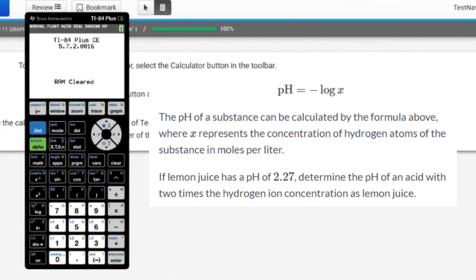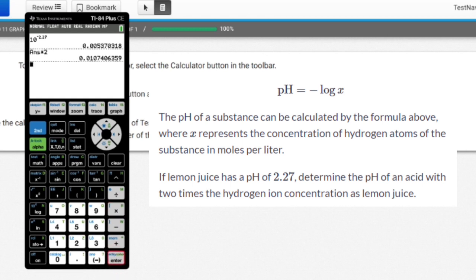All right, this is going to be a gross one. First thing we need to do is 10 to the, which is that guy right there, negative 2.27. We need to double that, so times 2.